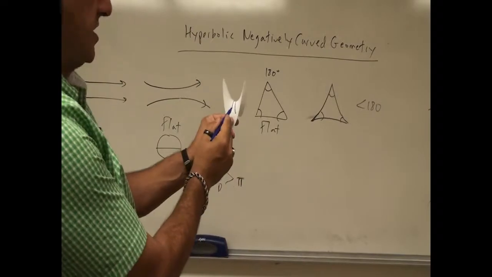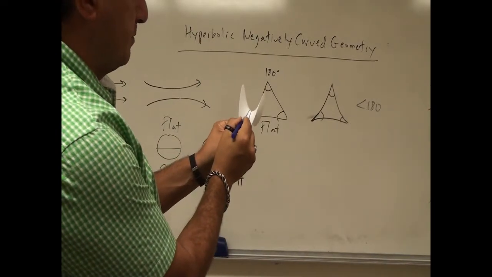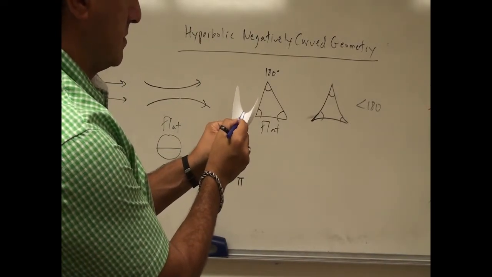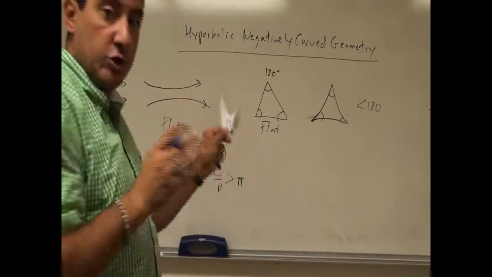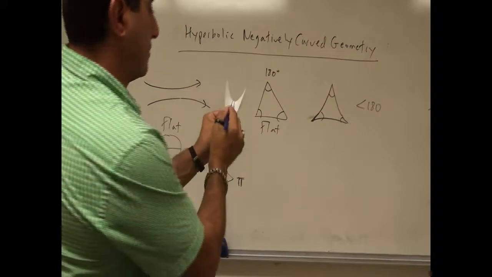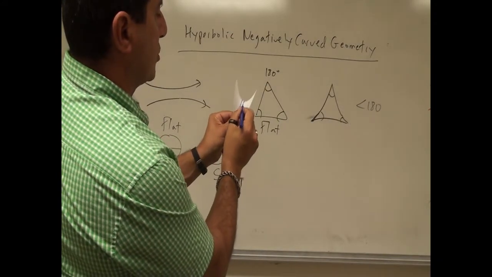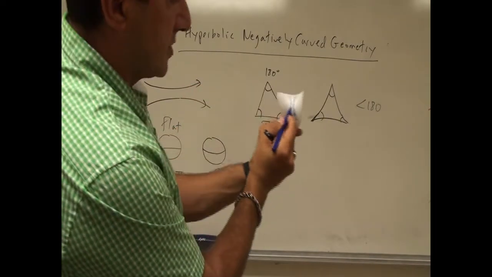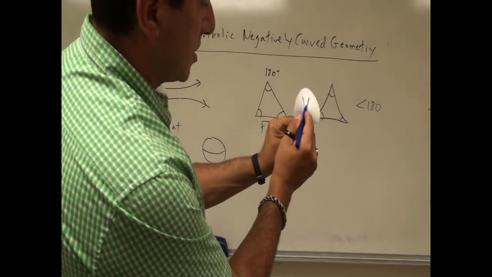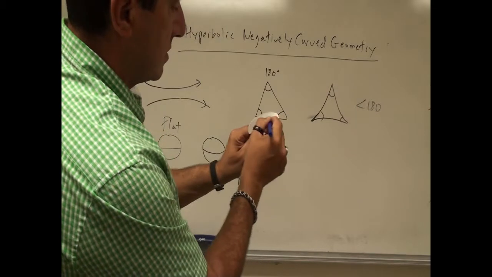Okay, so you can see here, if we shoot two beams of light straight, and the universe was negatively curved, we would see that the beams of light will go like this. You see how they're kind of coming closer together here in the center, and then they're starting to move apart here.